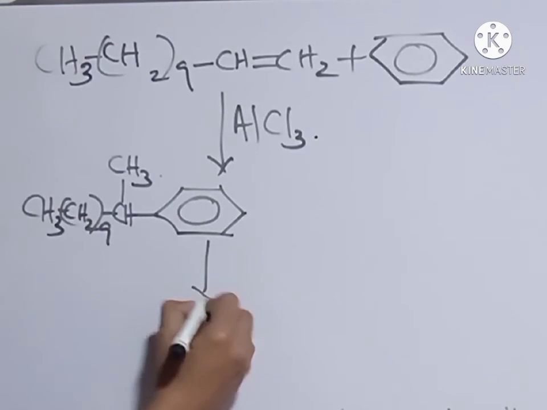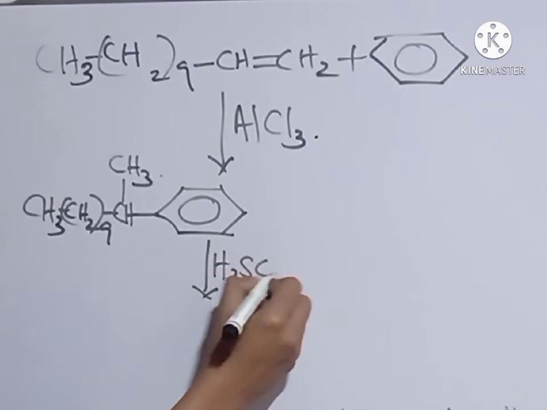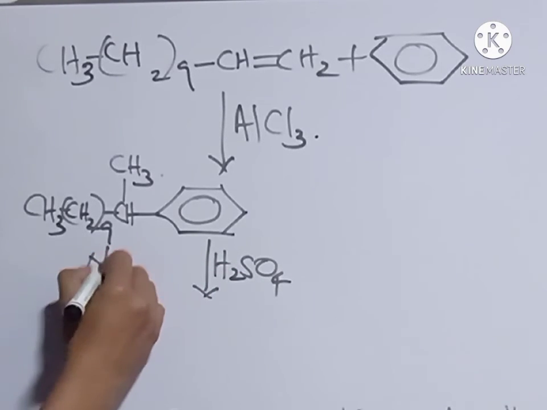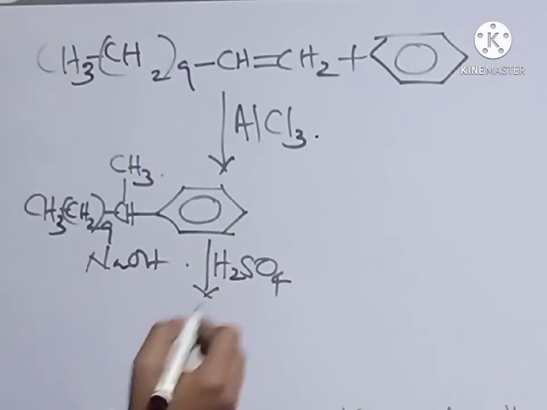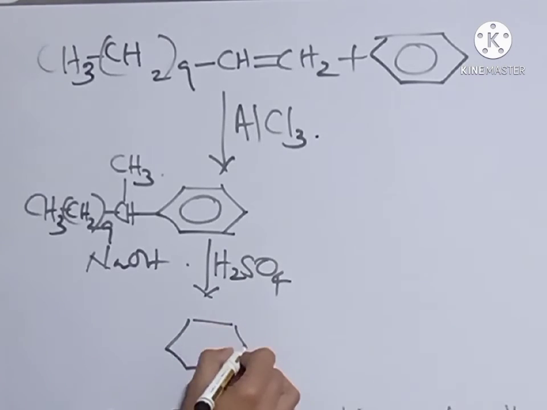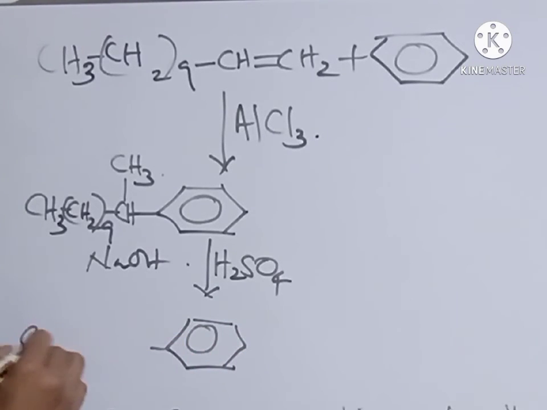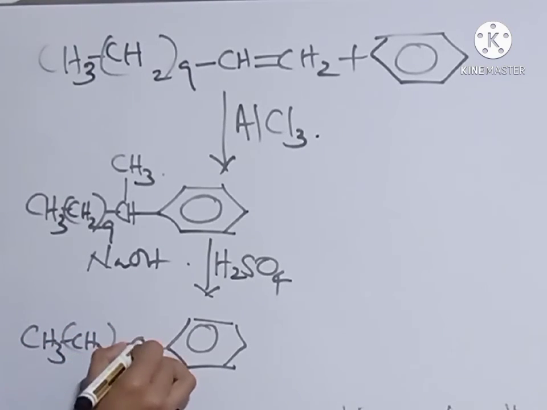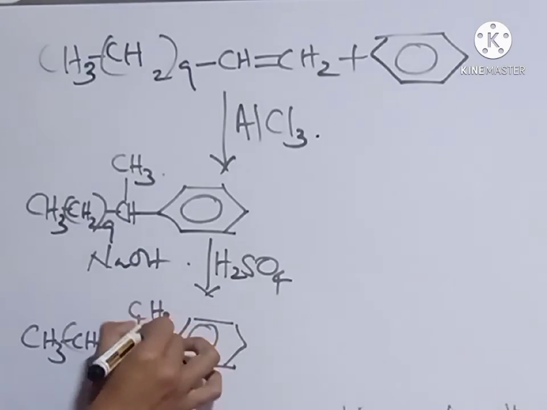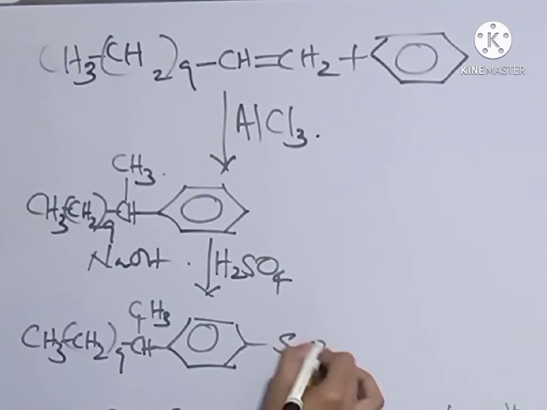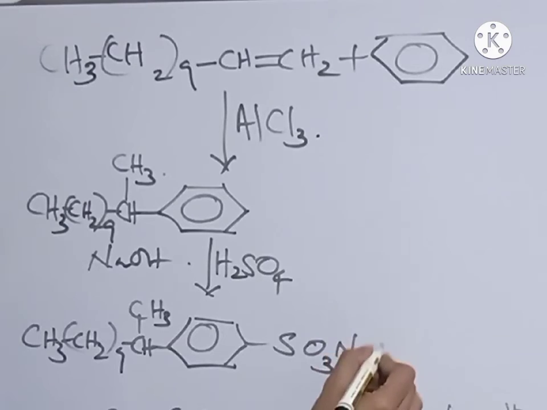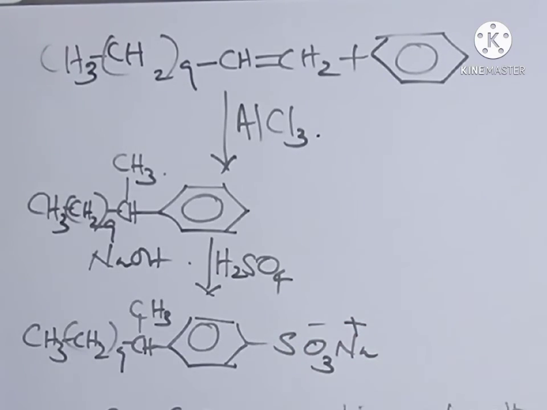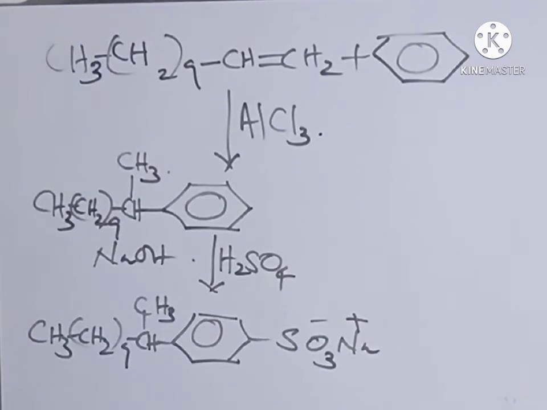So when we react this with sulfuric acid and the product is hydrolyzed with sodium hydroxide, we'll get the sodium dodecyl benzene sulfonate molecule, with SO3 minus and Na plus. So this is the entire reaction.